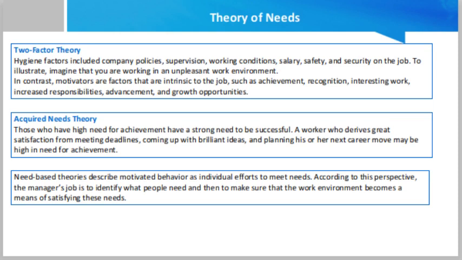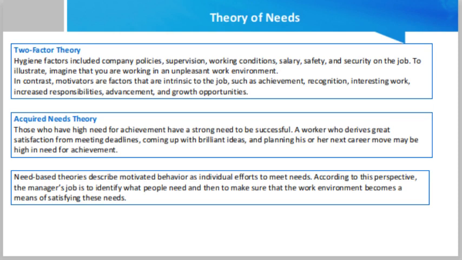To illustrate, imagine that you are working in an unpleasant working environment. Your office is too hot in the summer and too cold in the winter. You are being harassed and mistreated. You could certainly be miserable in such a work environment. However, if these problems were solved, your office temperature is just right, and you are not harassed at all, would you be motivated? Most likely, you would take the situation for granted.